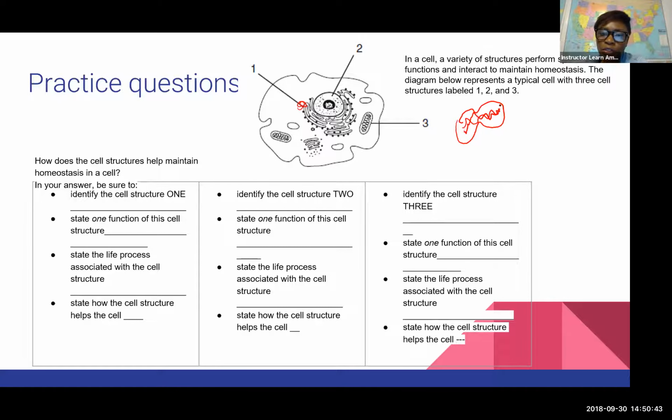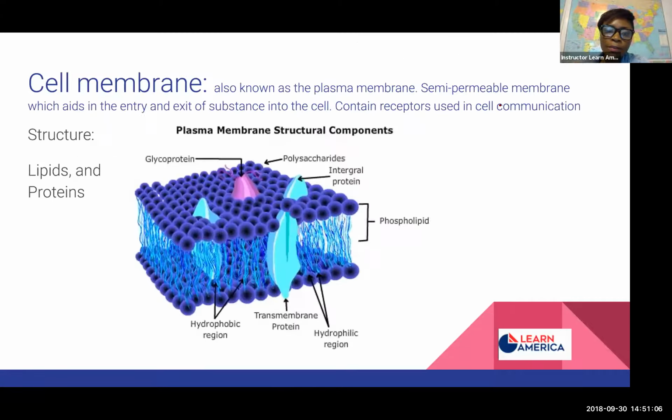And so in structure 3, we see the mitochondria, so its function is cellular respiration. Its life process is respiration, which allows the cell to produce energy for all of its activities. All right, so that was a quick practice question. You can always go back to this and review it for yourself.